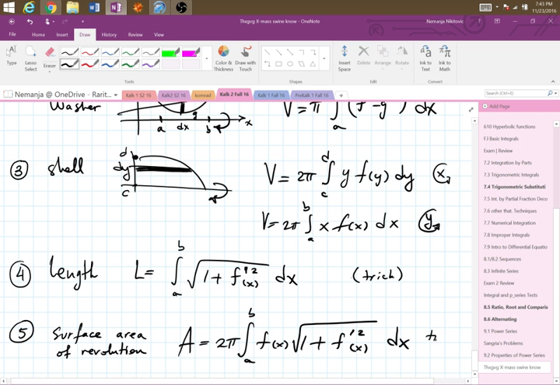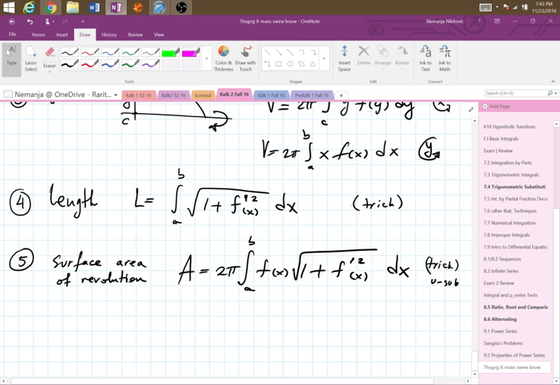And this one also had a trick, the same trick, because it features the same thing. But u-sub is also a popular one because you have a function in front, so it could easily be u-sub. Sometimes problems for this formula are easier because you have the extra f of x. So that helps, right? There's more variety of problems with surface area of revolution to use u-sub than for length of the curve.